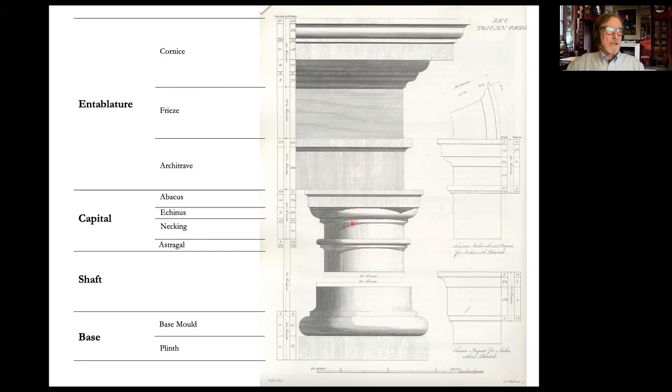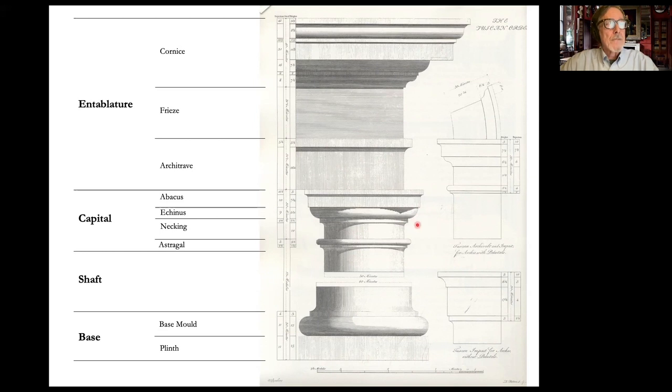Then we have the necking, which is a portion of the shaft above the astragal. And then we have this molding here, which we call an echinus. Echinus means sea urchin. So it has the shape of an upside down sea urchin shell in it. So it's that beautiful round ovalo shape here. It's circular in plan shape.